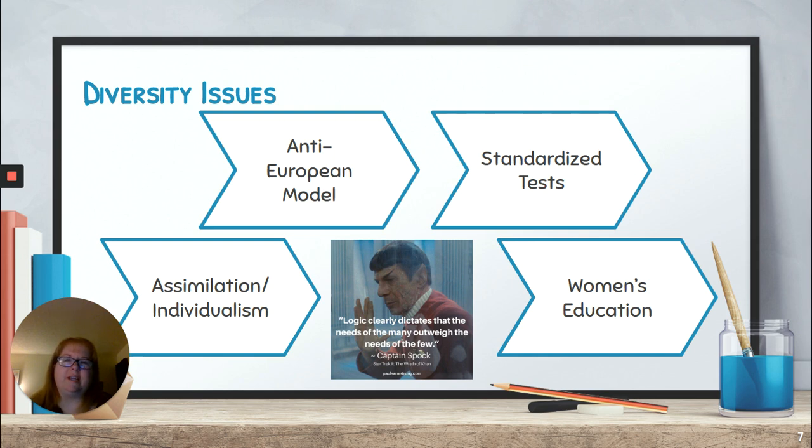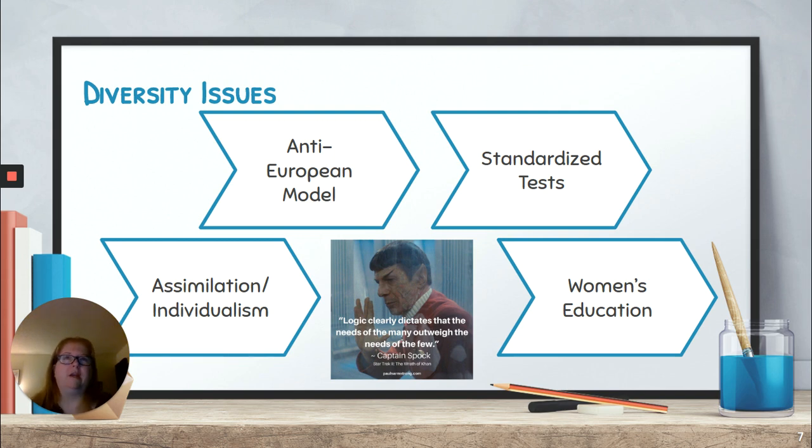But what's interesting is that he's a dichotomy in diversity, because he also did not like the European education model. In that model, only white upper class males were prepared to move on to the university level, and he didn't like that. He felt the United States needed something better.